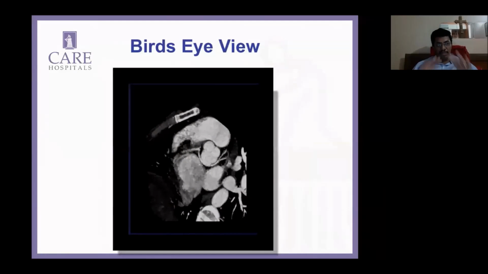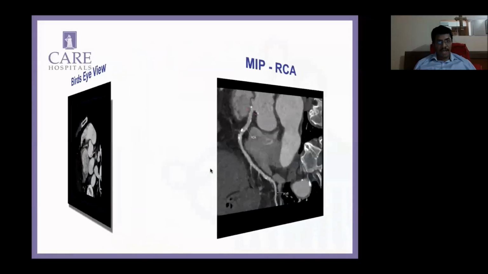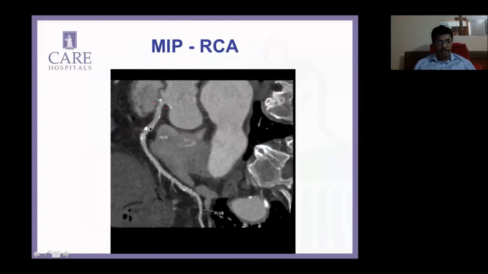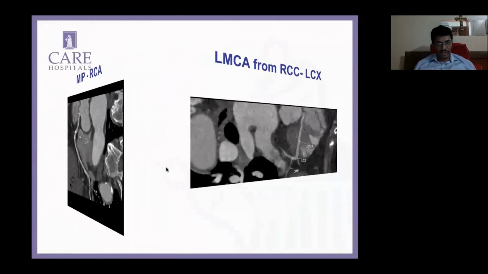This is just a bird's eye view after the branch, just to show you how it looks. The left main, the long left main with the interarterial course. And these are the actual MIP images that I've constructed for you. Mild RCA disease coming from the right coronary sinus, some calcified plaques, non-obstructive.